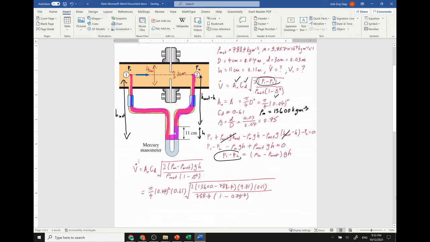This A0 is supposed to be A2, so this is not supposed to be big D, it's supposed to be small d. And of course this value will be 0.03, and as a result here also 0.03.